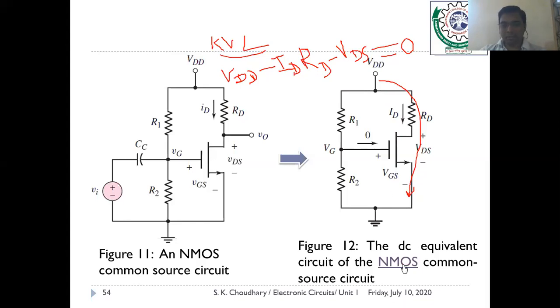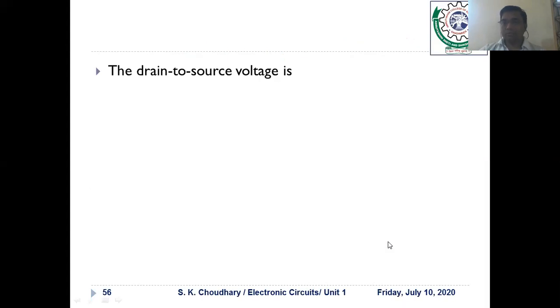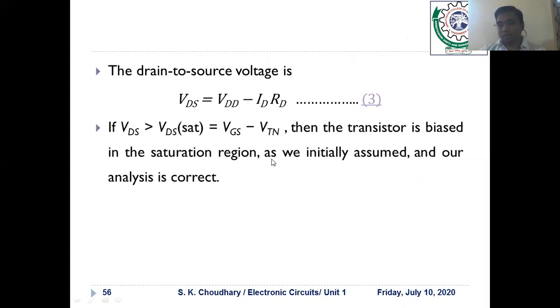The same is used here: drain to source voltage VDS is equal to VDD minus IDRD. Now, if this value of VDS is greater than VDS sat, which is VGS minus VTN, then the transistor is biased in the saturation region, as we initially assumed, and our analysis is correct.